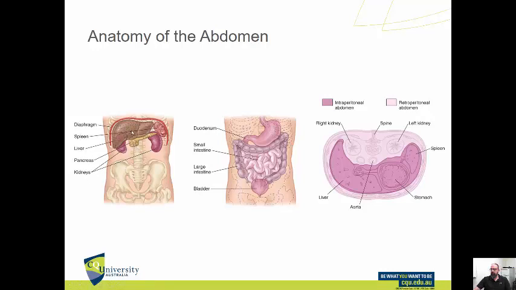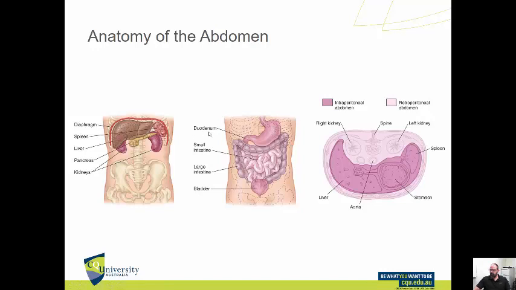Okay? So the kidneys do appear in this diagrammatic representation of the thoracic abdomen, but it's worth noting that the kidneys are also part of the retroperitoneal abdomen, which means that they're not surrounded by the fibrous peritoneum. Okay. Next, we'll have a look at the true abdomen. So this is where you're going to find a lot of the hollow organs of the abdomen. So mainly your intestine.